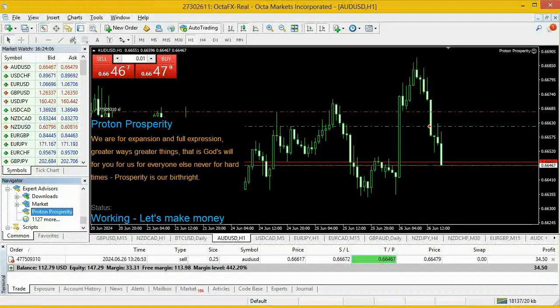Almost 3 hours into the trade. Price is moving near our take profit.